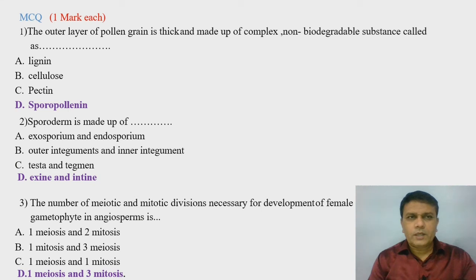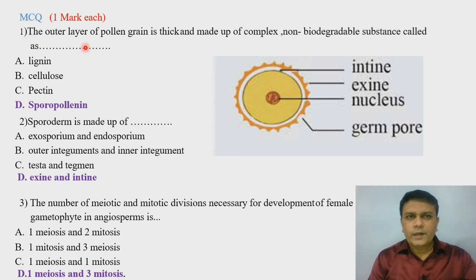Now the first multiple choice question is regarding the pollen grain, that is the outer layer of pollen grain is thick and made up of a complex non-biodegradable substance.